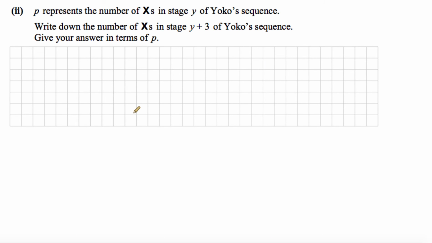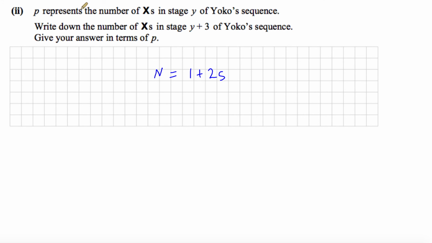So that's one possible example of the first 3 stages. Okay, and finally part 2 says P represents the number of x's in stage y of Yoko's sequence. Write down the number of x's in stage y plus 3 of Yoko's sequence. Give your answer in terms of P. Okay, so if we write down the original formula, which is n is equal to 1 plus 2s.